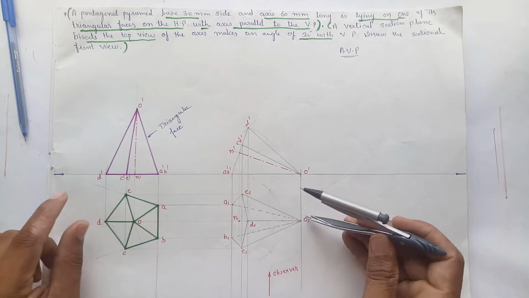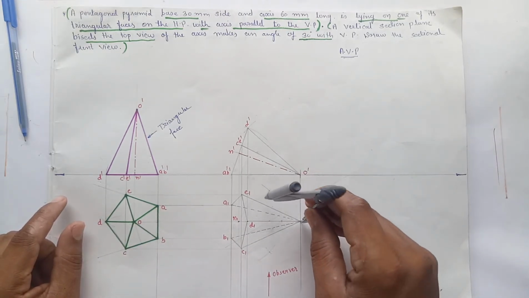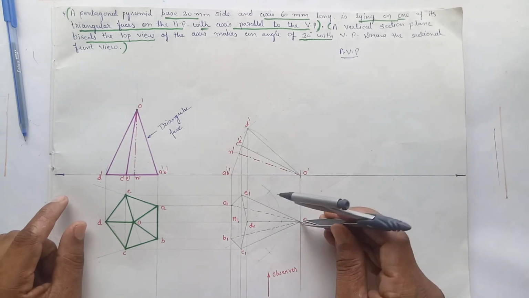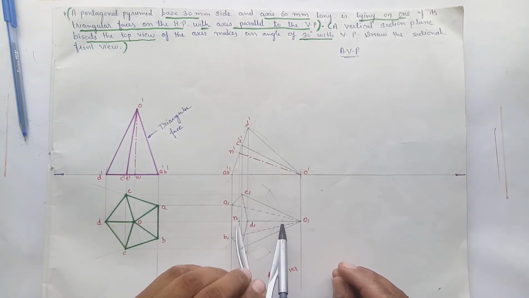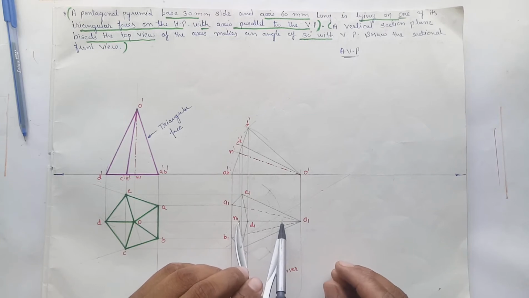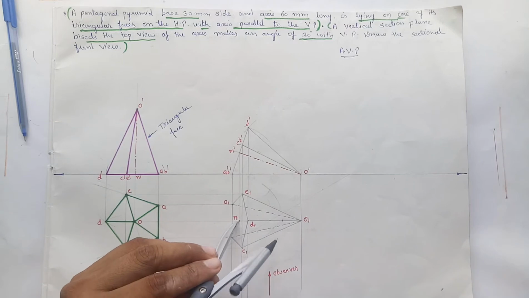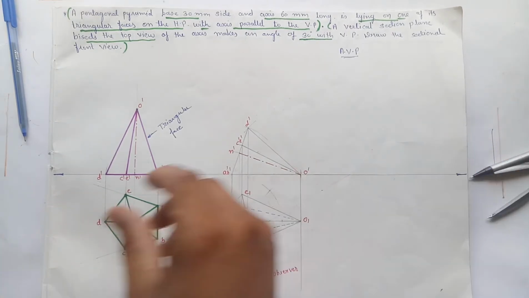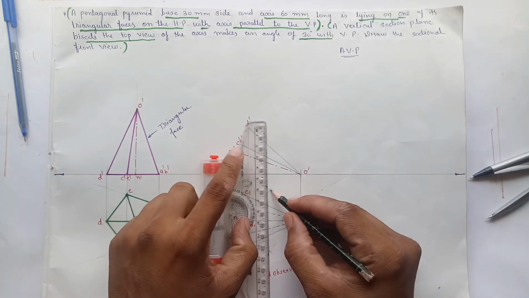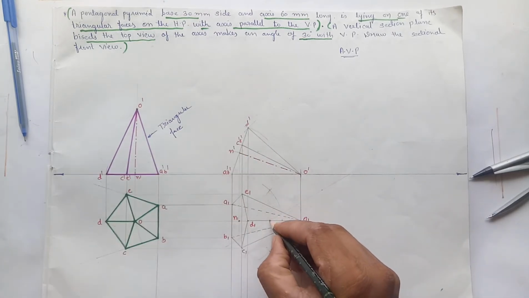It is the perpendicular bisector method, because we have to bisect the top view of the axis. Give arcs on both sides, 1 2 and 3 4, and mark the midpoint of the axis. So here will be the midpoint of the axis.